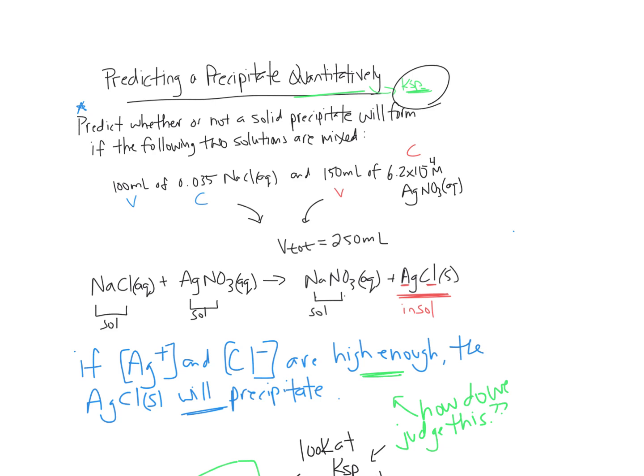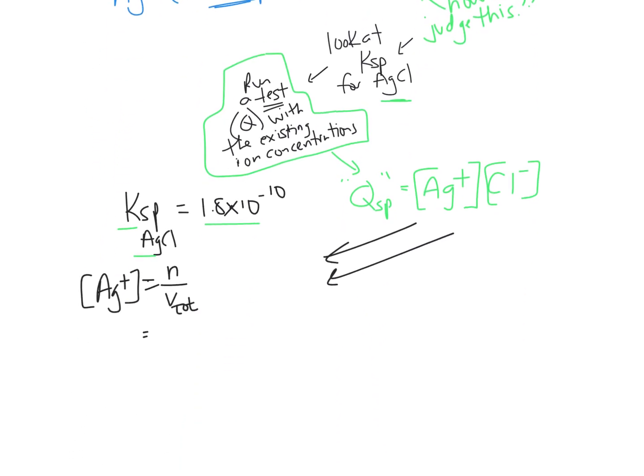So 150 mils times 6.2 times 10 to the minus 4 moles per liter. Okay, of course I converted the volume to liters. And we said the new total volume is 250 liters, okay?